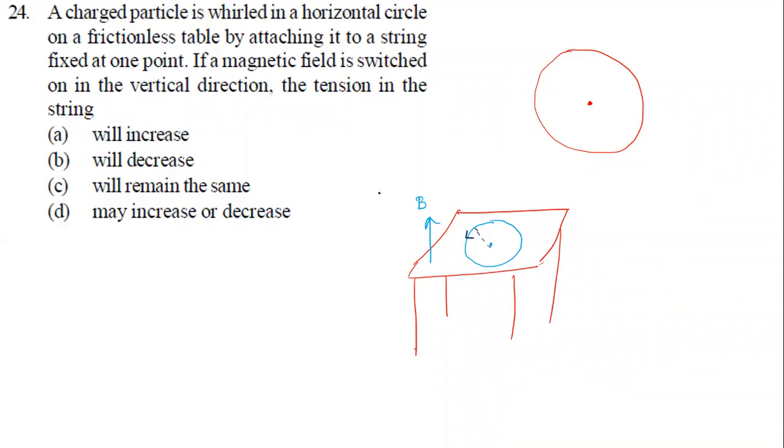We need to find out in what direction the force is going to act on this particle moving in a circular path. Using what formula, students? F equals qvB sin theta, where theta is the angle between V and B. Or I can write F equals q times V cross B. At any point on this circle, B will be vertically upward, and the tangent gives the velocity.